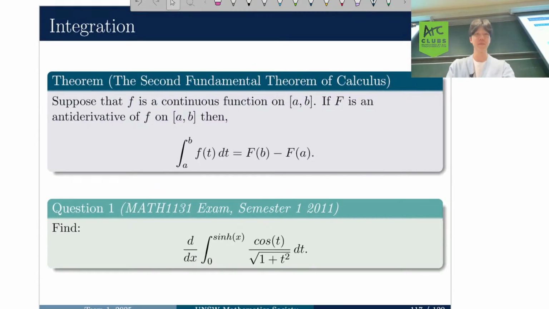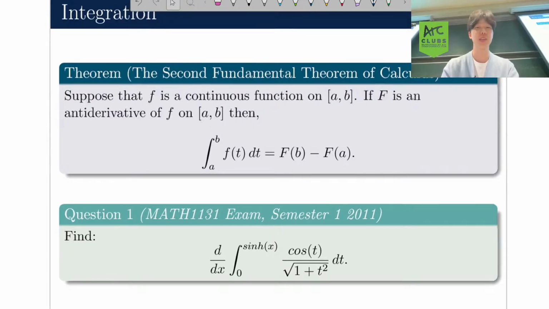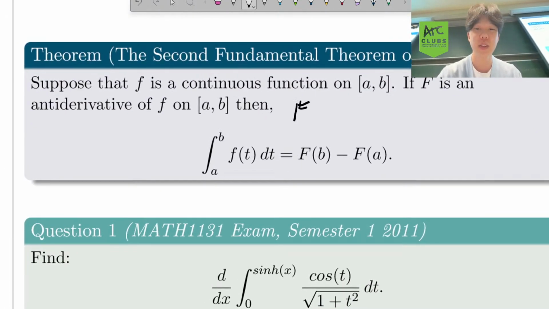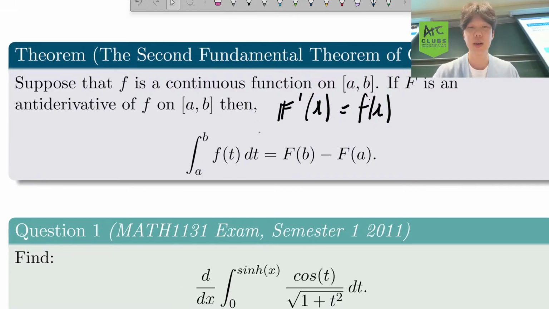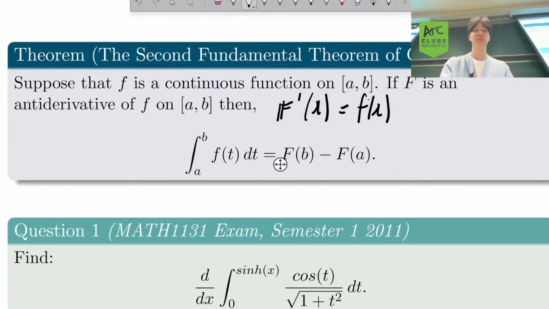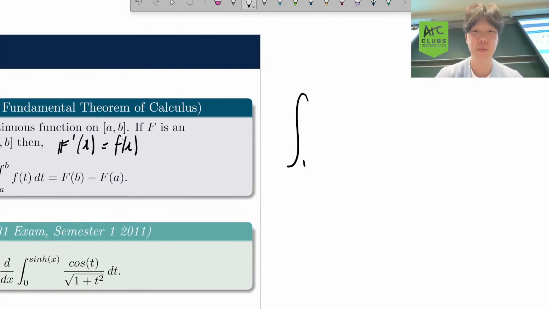A little bit easier because we could have done this in high school before, but what it says is, if F dash of x is just f of x, that means if we have the integral from a to b of f of t, then it's just going to be subbing in the upper bound of the antiderivative minus subbing in the lower bound. So just a quick example, integral 1 to 2, just x dx.